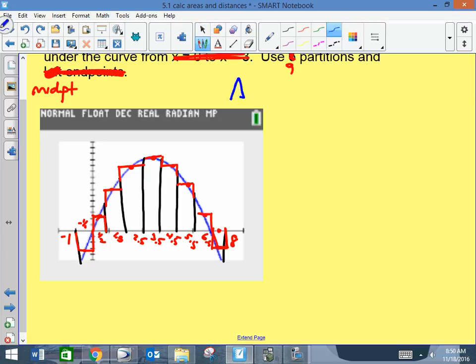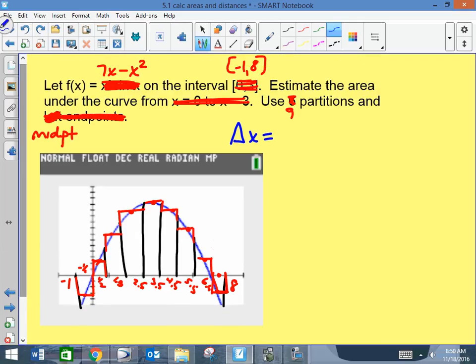Remember, the change in x, we already kind of did that, was 8 minus a negative 1, over 9. Now you know why I use 9. It would be awkward to not be a whole number.